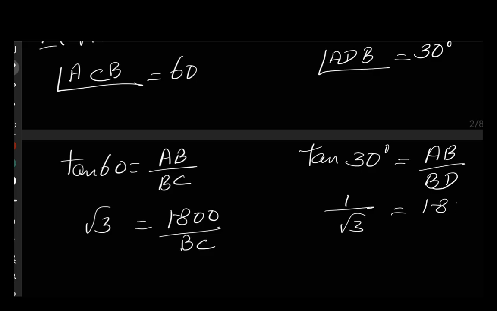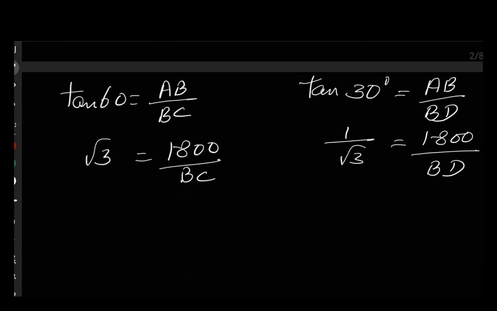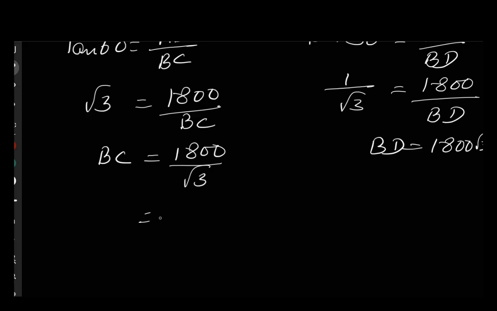Again AB is 1800 divided by BD. So you take this BC to the left side. So 1800, bring this root 3, it comes in the denominator. Here cross multiply, BD is equal to 1800 root 3. You rationalize the denominator here, 1800 by root 3 into root 3 by root 3.